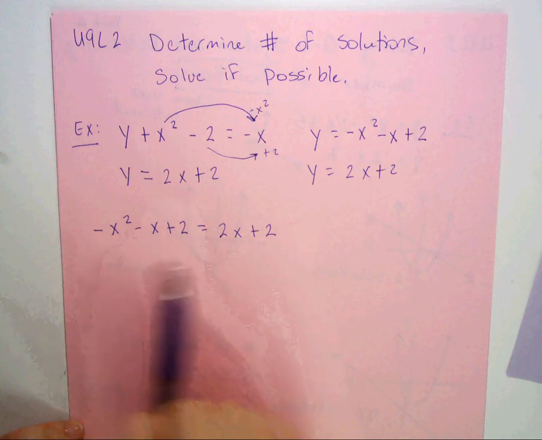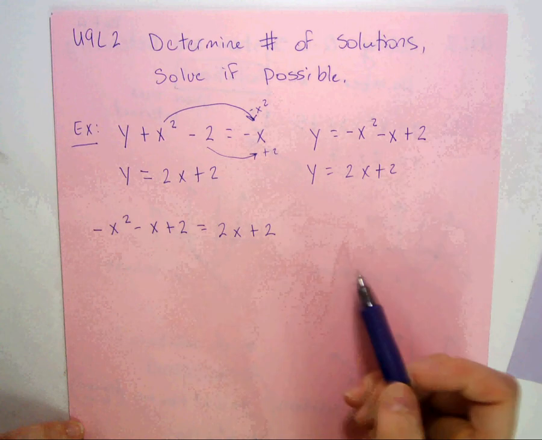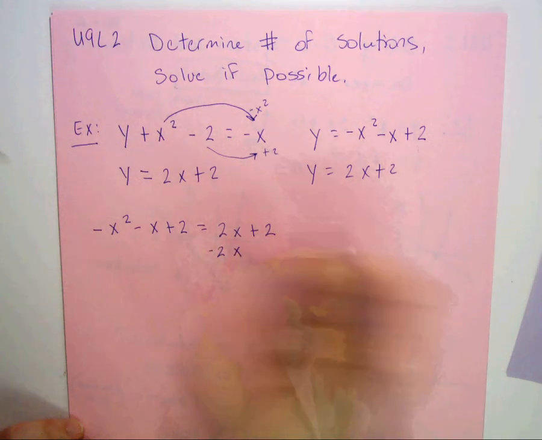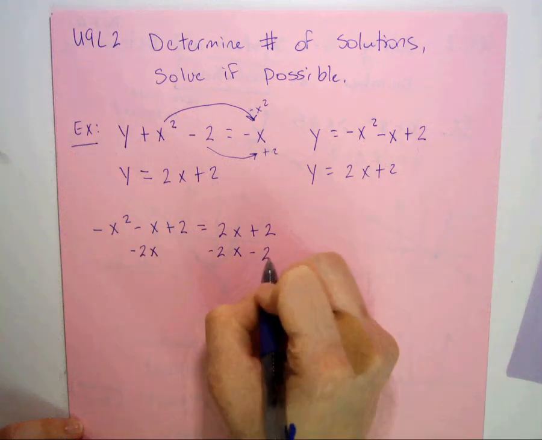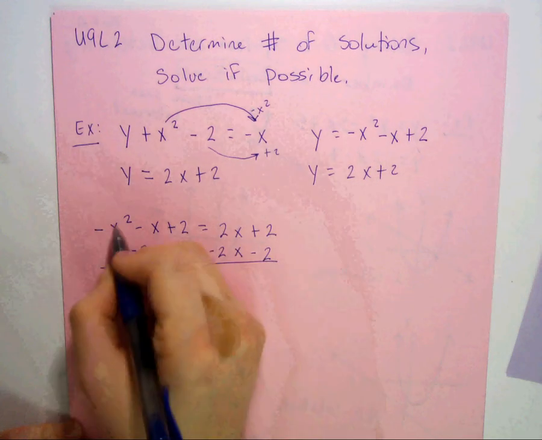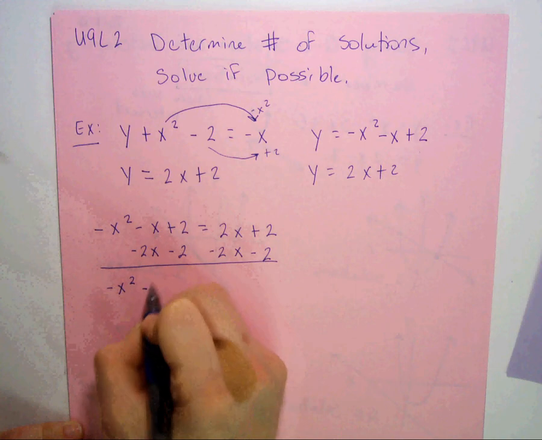And in order to determine how many solutions we actually have, I need it to be in standard form. So I need everything to be on the same side of the equal sign, just like if we were actually going through and solving this. So I'm going to subtract 2x, and then I will subtract 2 and subtract 2.